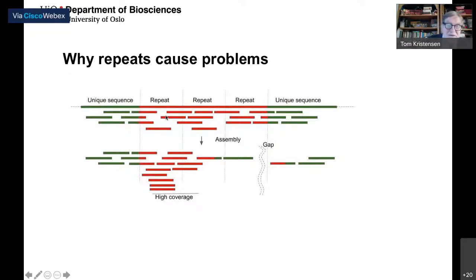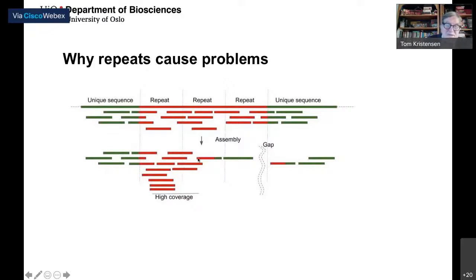this fragment here will be more or less identical, at least in the end, to this fragment here and so on. So instead of getting the assembly of 3 separate repeats here, we will end up with something indicated down here, where all these red sequences from the repeat region will assemble into 1 or maybe 2 instead of 3 repeats here.